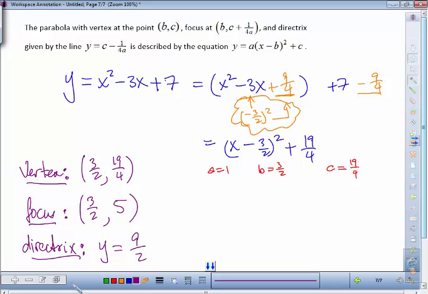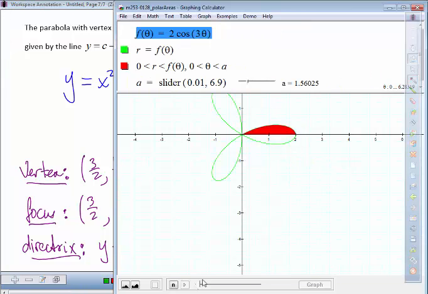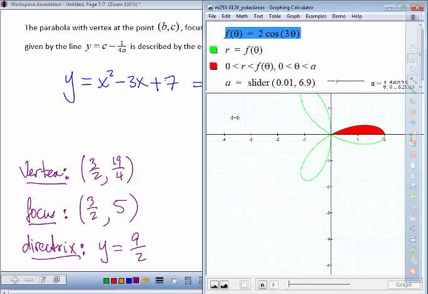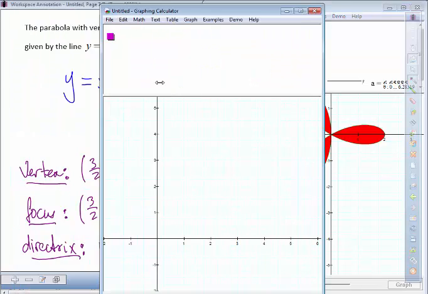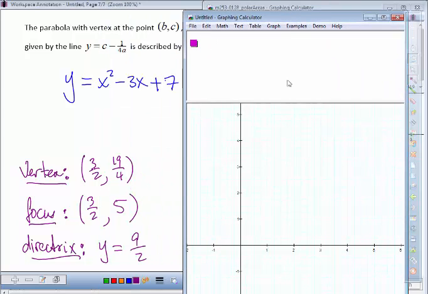Okay. Let's see this in the graph. Let's graph this parabola. Let's find the point and the vertex and all the components.